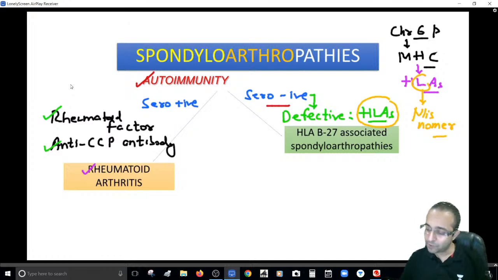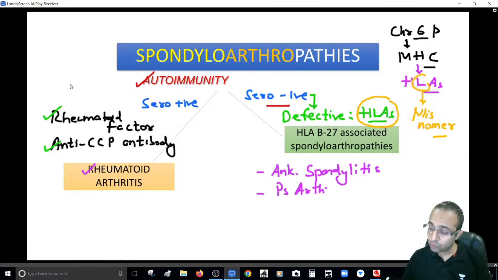And when we talk of seronegative spondyloarthropathy, the classical example that comes over here is ankylosing spondylitis. This part also includes psoriatic arthropathy.